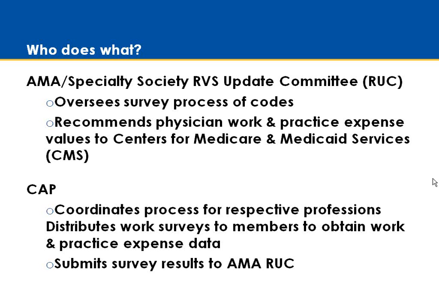You compare it to other codes, for example, in pathology that are already RUC valued, and to some codes in clinical medicine that have a similar amount of time. And a judgment is made as to what a fair RVU is.